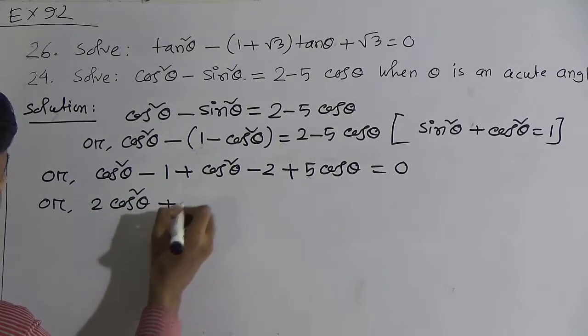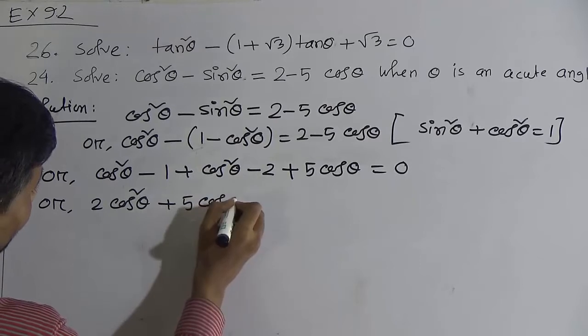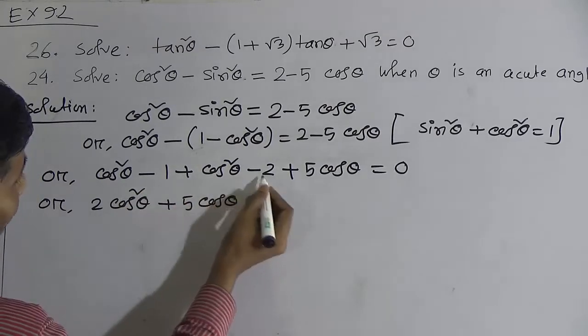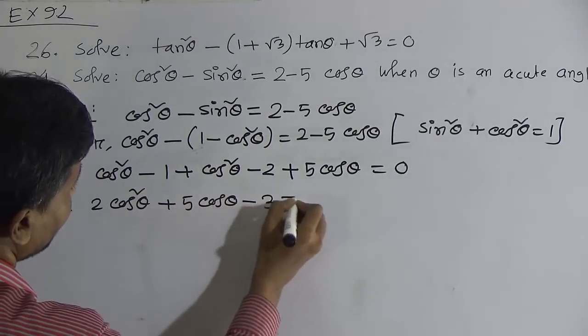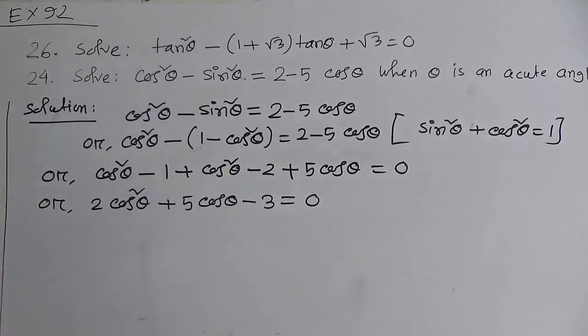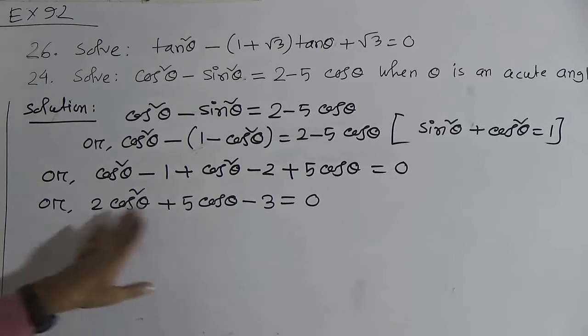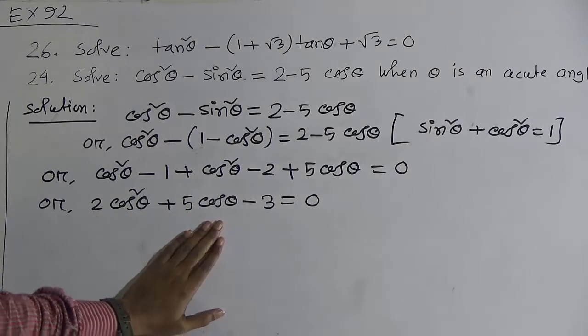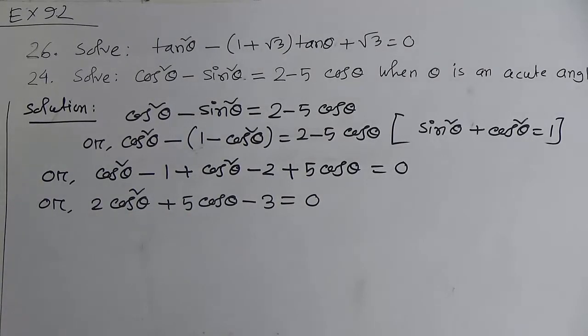Now 5 cos theta, minus 1 and minus 2 is equal to minus 3. Now we have to use the middle breakup method. 2 cos square theta plus 5 cos theta minus 3 is equal to 0.